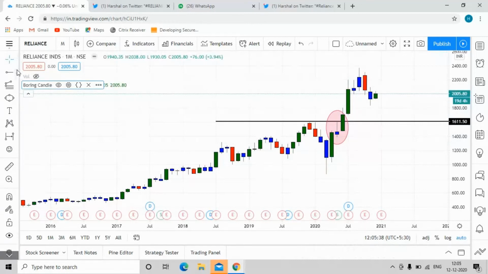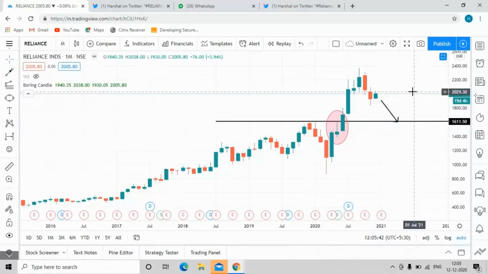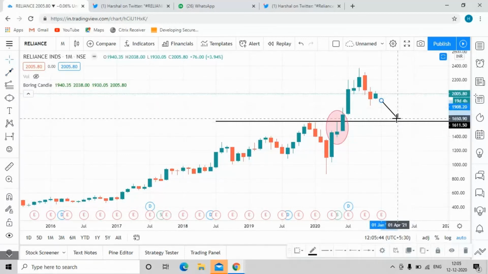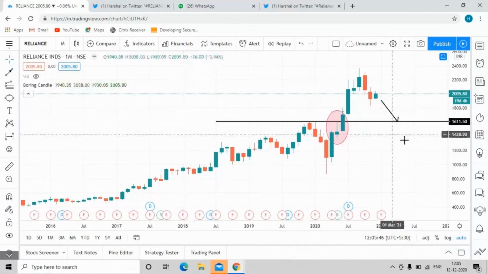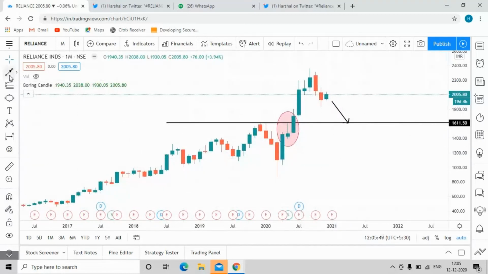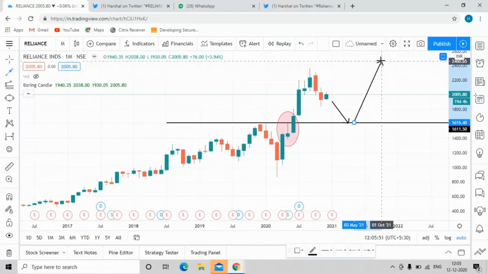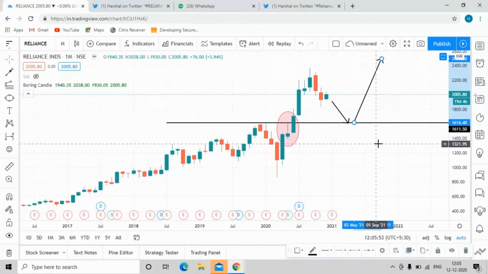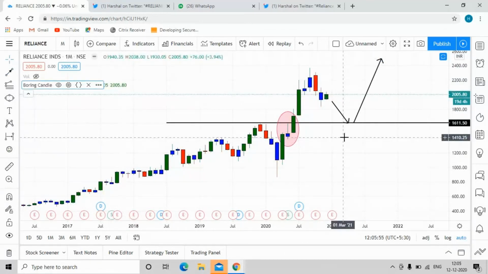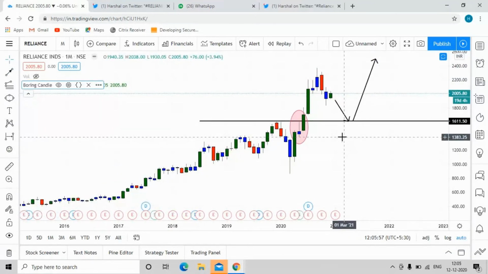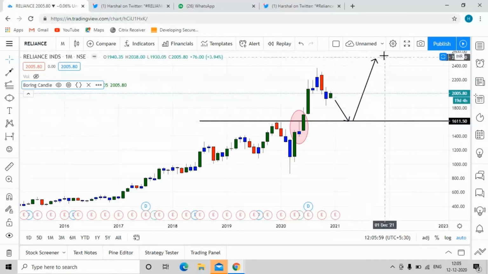So that would be the initial pick. You can go long in Reliance the moment it comes around the 1600 level, right? And for a portfolio, you can expect a new high again on Reliance. On a monthly time frame it is again bullish, but if you are getting a retracement, you can go long.